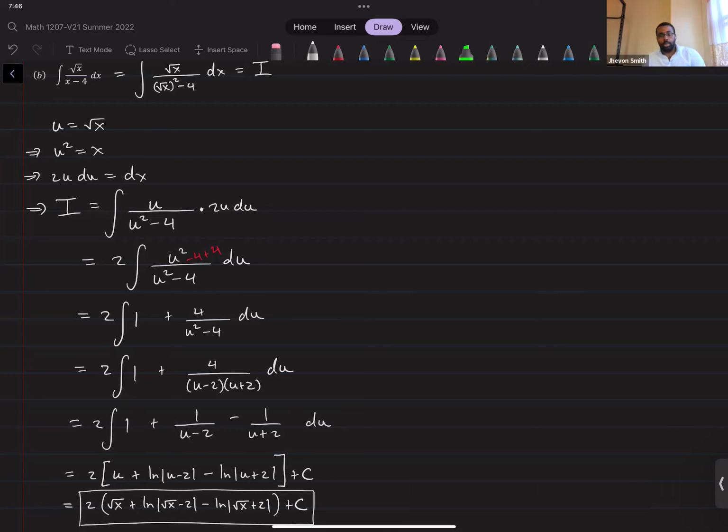So you can do that, and then you end up with a u squared over u squared minus 4. Technically, you could do a trig sub, u equals 2 secant theta. You can go through all that, and you would eventually get to an answer, but it would be longer than this answer, for sure.